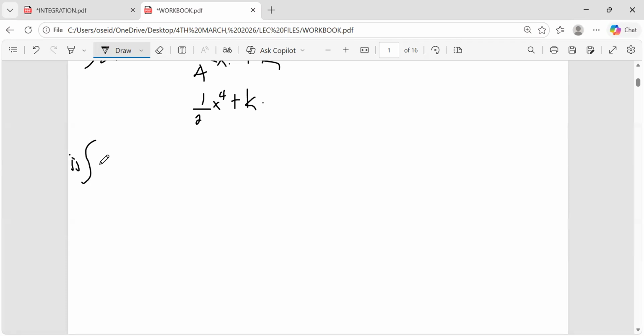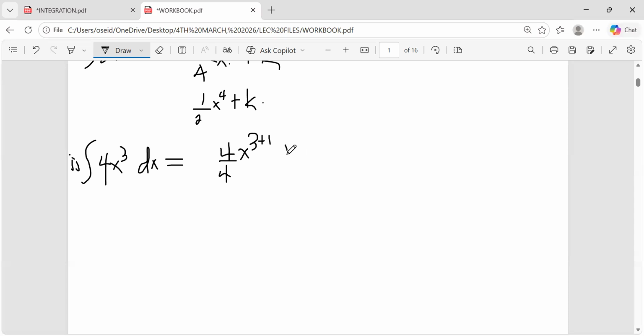Integral 4x cubed dx is equal to 4 over 4, or 4 over 3 plus 1, x exponent 4 plus k.